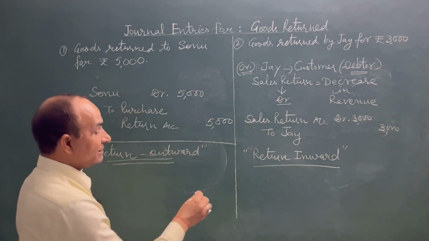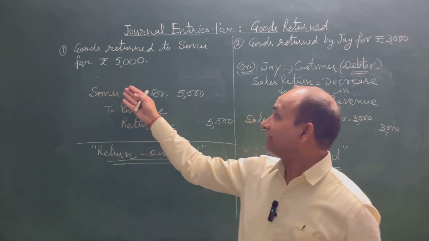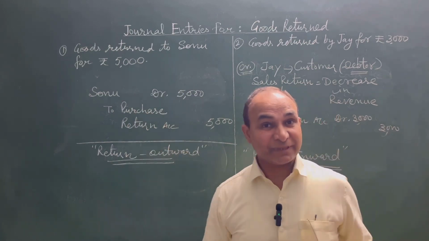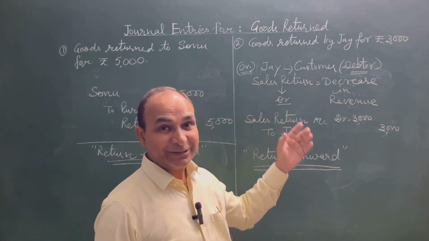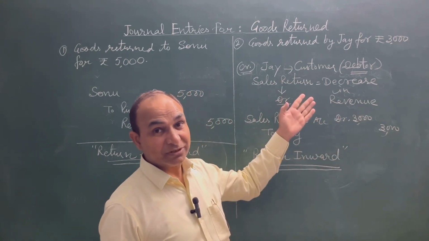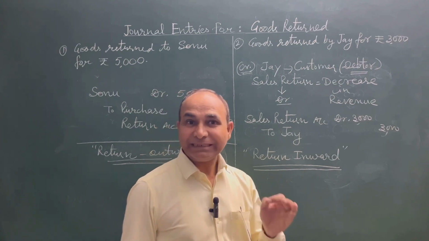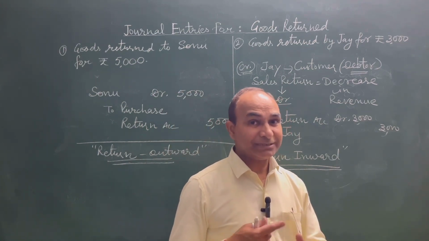So students, this is the concept of goods returned, here to the supplier, which is termed as purchase return, and here from the customer, which is the case of sales return. I hope the concept is clear to you. Now you will be able to pass the journal entry.